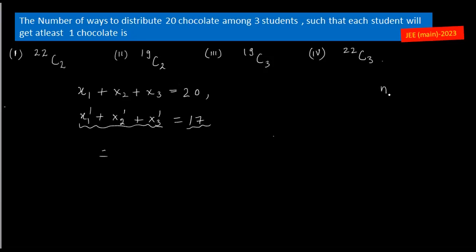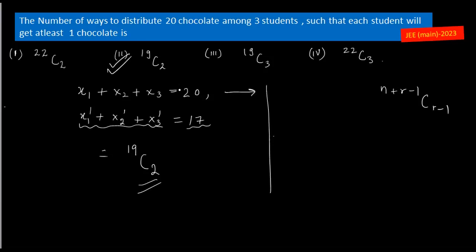If we have to distribute n objects among r persons such that each person gets at least some object, the formula is n plus r minus 1 c r minus 1. Let us use this formula. So n is 17, r is 3. So 17 plus 3, 20 minus 1 is 19 c 2. So basically option 2 is correct.